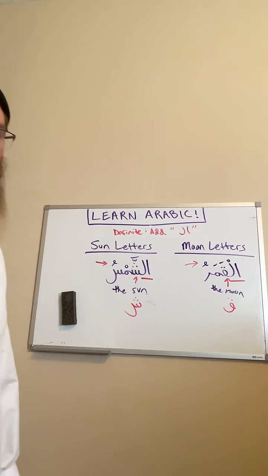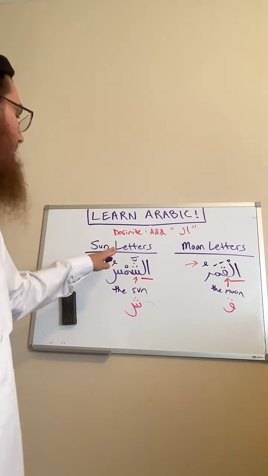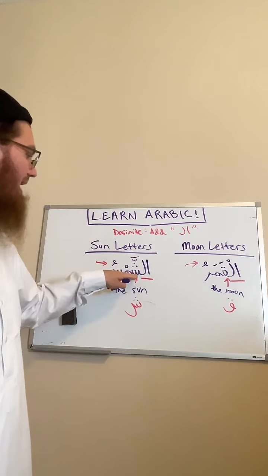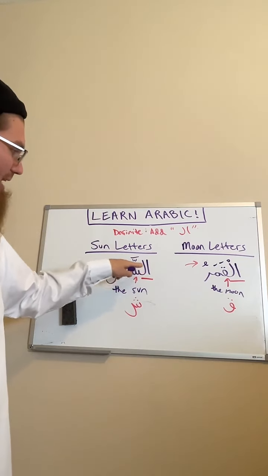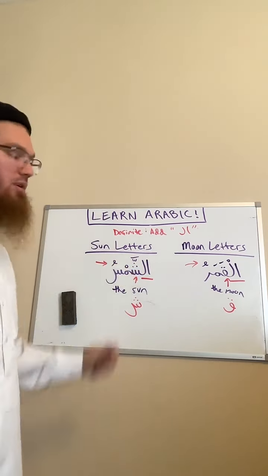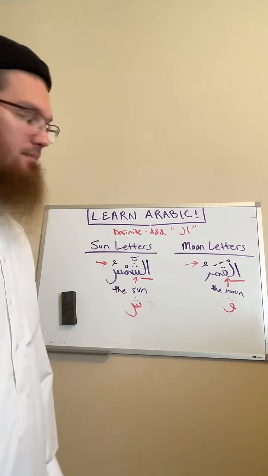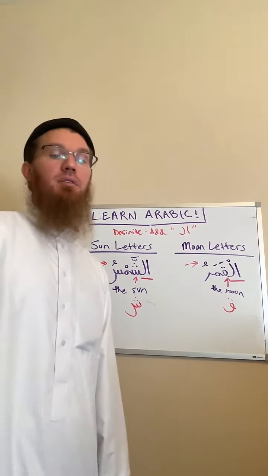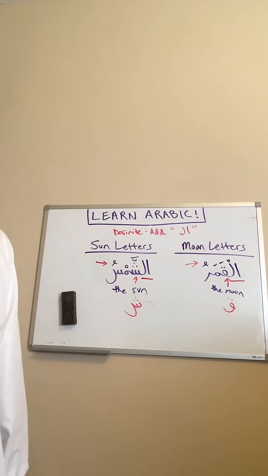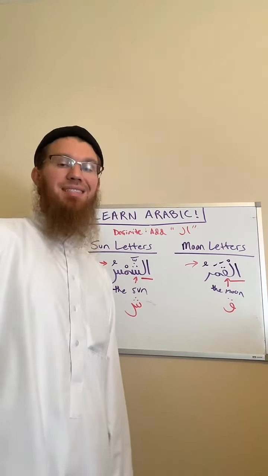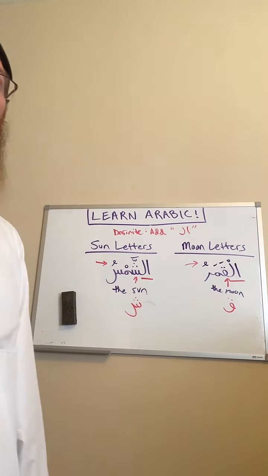Does this make sense? So when you have a sun letter coming after the definite alif lam, you're not going to pronounce the lam. Like when we say the name of Allah, Ar-Rahman. We don't say Al-Rahman, we say Ar-Rahman.